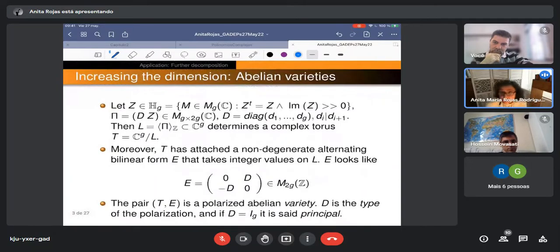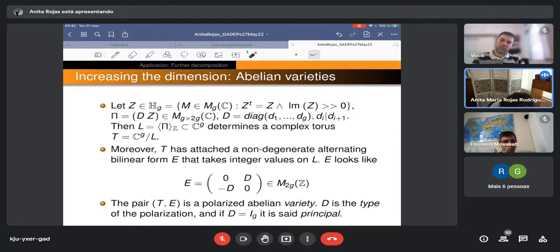Next step, we increase the dimension. For that, we consider the Siegel upper half space, which is the space of g times g matrices with complex coefficients, which are symmetric, and whose imaginary part is positive definite. That is a generalization of the upper half plane. This is going to be called a Riemann matrix.